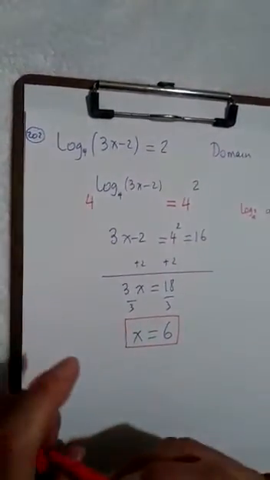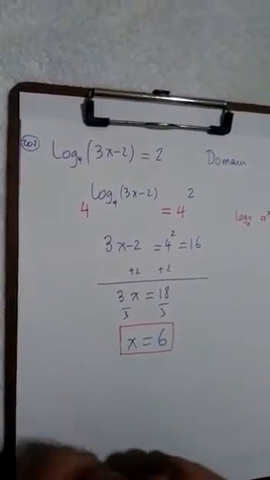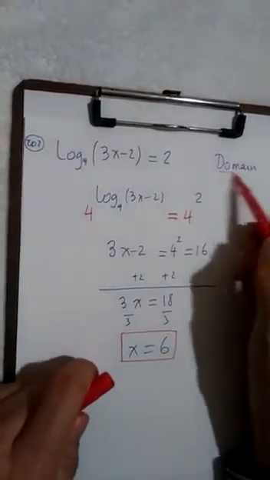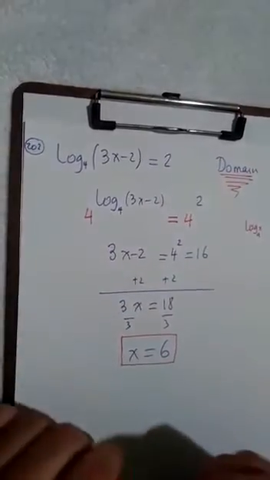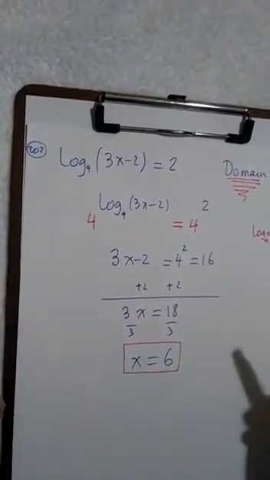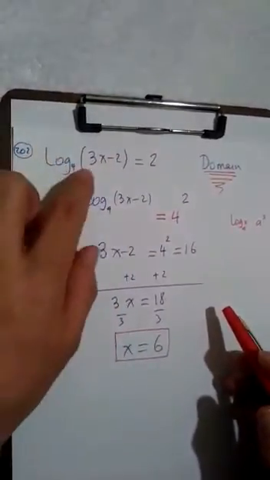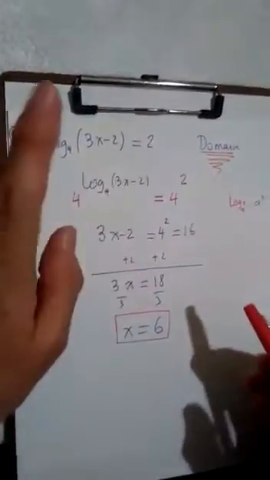Whenever you have a log equation, make sure that the solution is in the domain. Why is there a domain? Yes, there is, because we have a log. This cannot be negative. This has to be positive. There's 2 ways to do it.